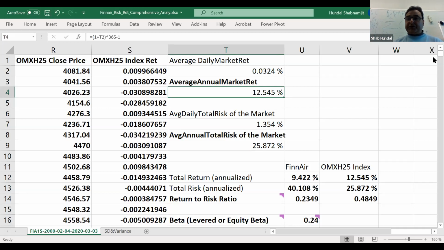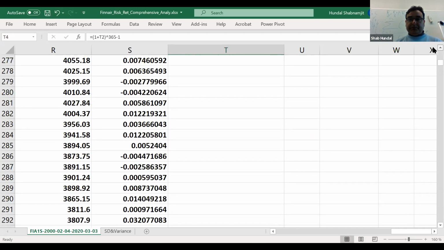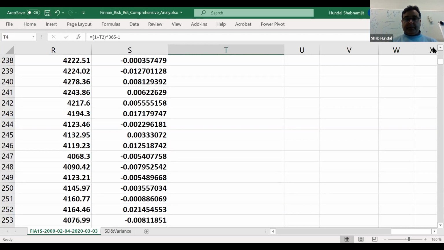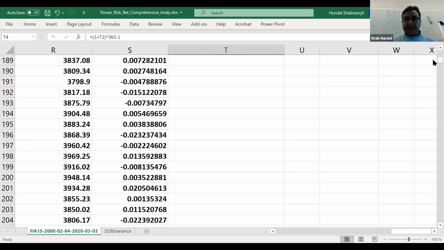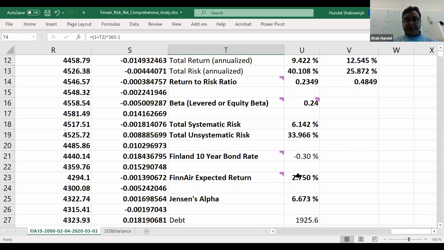So when you put all these values together in this formula, which I wrote here, then you are able to get the expected return. Yeah, okay, sorry. So V12 is this. This is V12, which is the total return of the market, I guess.